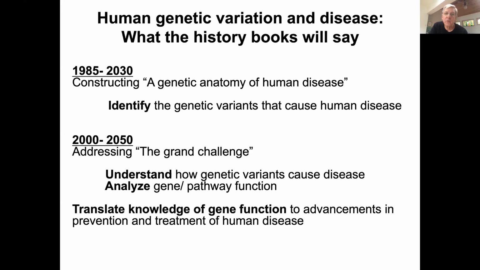And of course, we're now in the middle of addressing the grand challenge, and that is, how can we understand how these disease variants cause disease? And that really comes down to understanding the function of genes, pathways, and networks that these genes are involved in. And through that knowledge of gene function, we really can have rational approaches to the prevention and treatment of human disease.